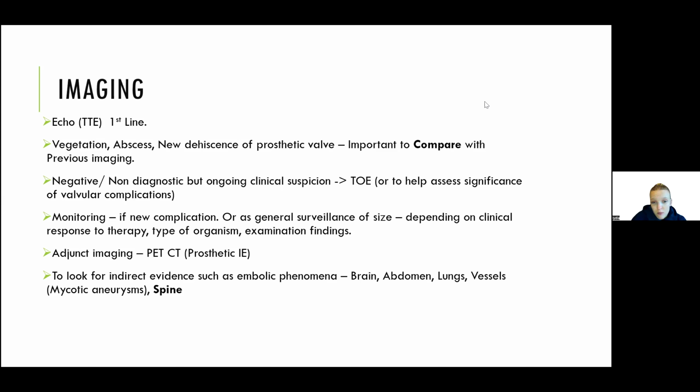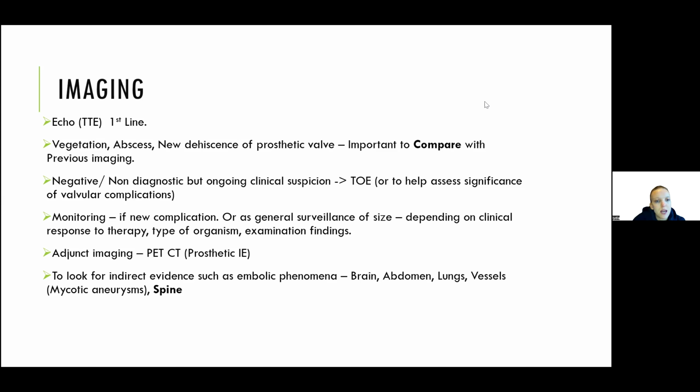Sometimes we think about angiograms for patients with a suspicion of mycotic aneurysms. And there's also sometimes a place for PET-CT, usually in patients with prosthetic endocarditis, so things like pacemakers or prosthetic valves. PET-CT can be quite useful, but the availability of it doesn't always make it possible to get it quickly.